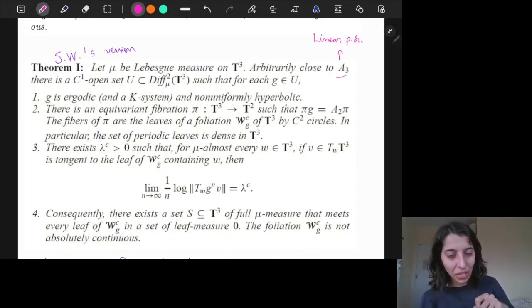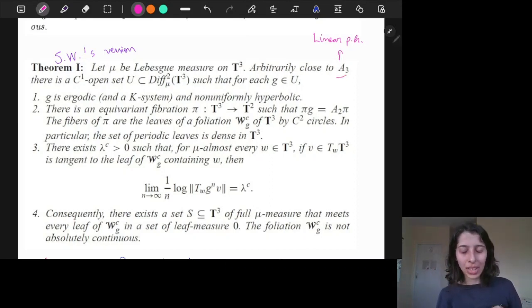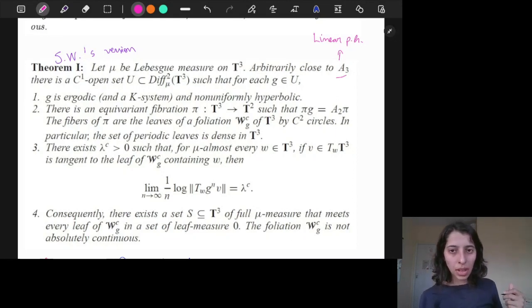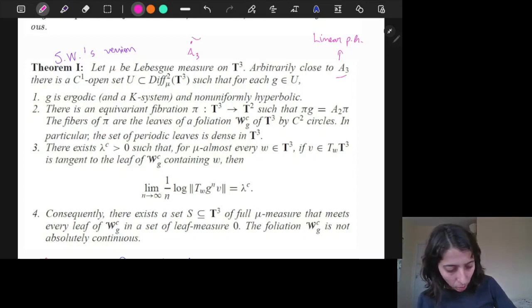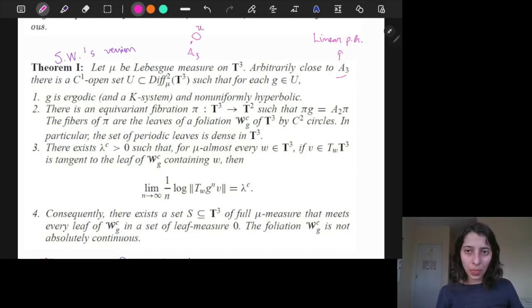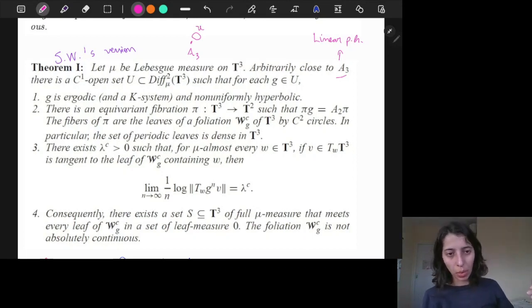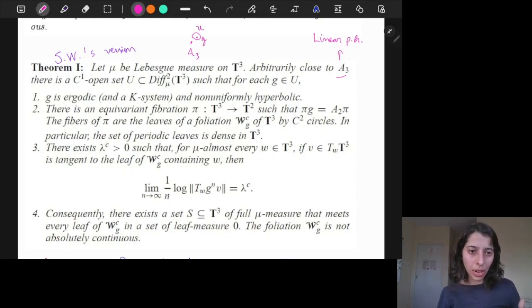So in the set of volume preserving functions of the torus, we have the map A3 here, and then nearby we have, as close as you want, an open set U, open with respect to the C1 topology, which has the following property. For any G inside, G has these four properties.